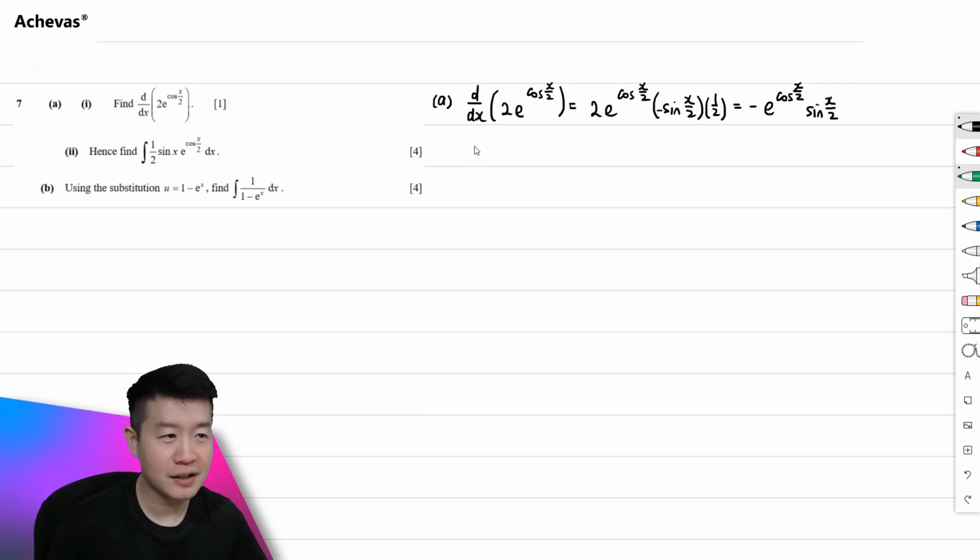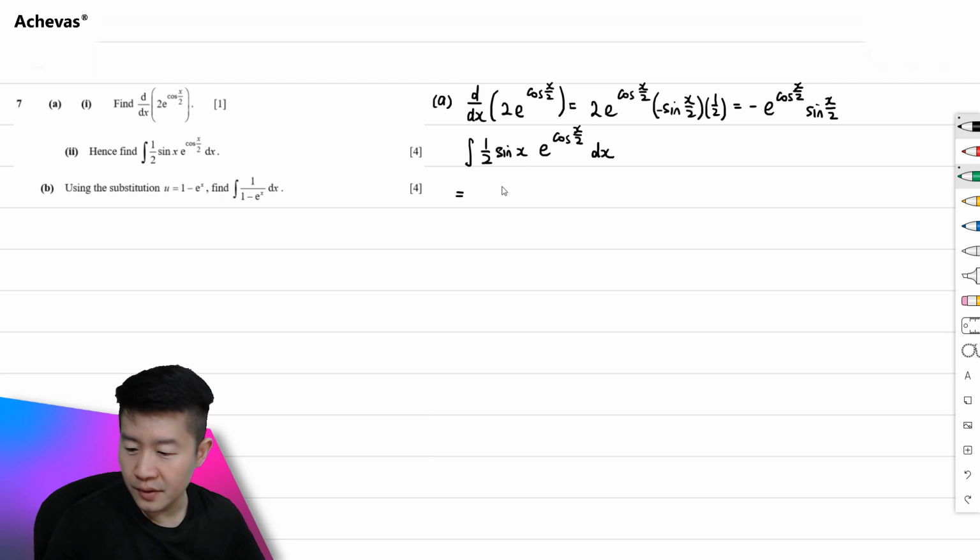Hence, the question says, hence we are supposed to integrate half sine x, then e to the power of cosine x over 2 dx. And I guess in order for us to make use of the previous part, I'm going to try to rewrite sine x as 2 sine x over 2 cosine x over 2.